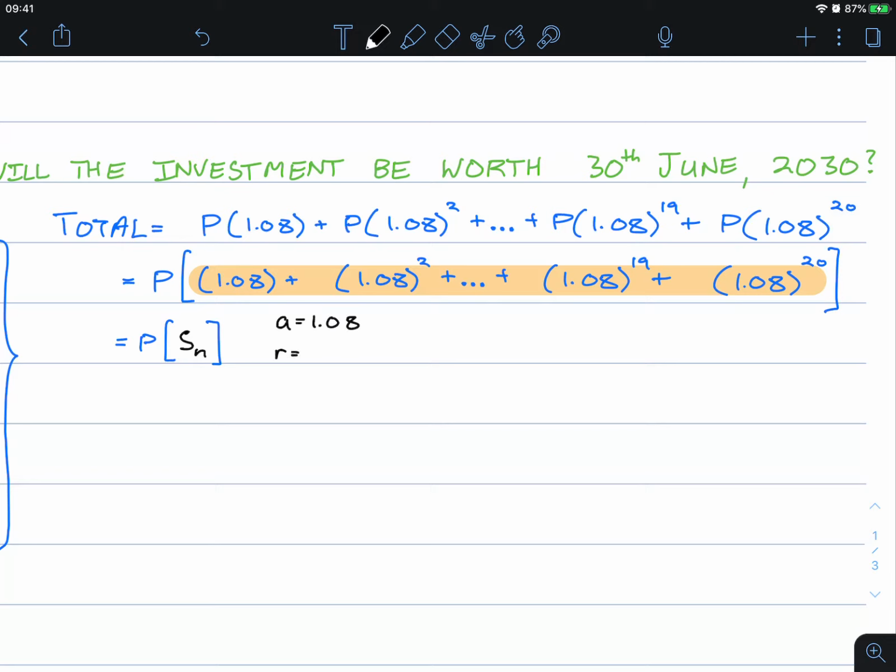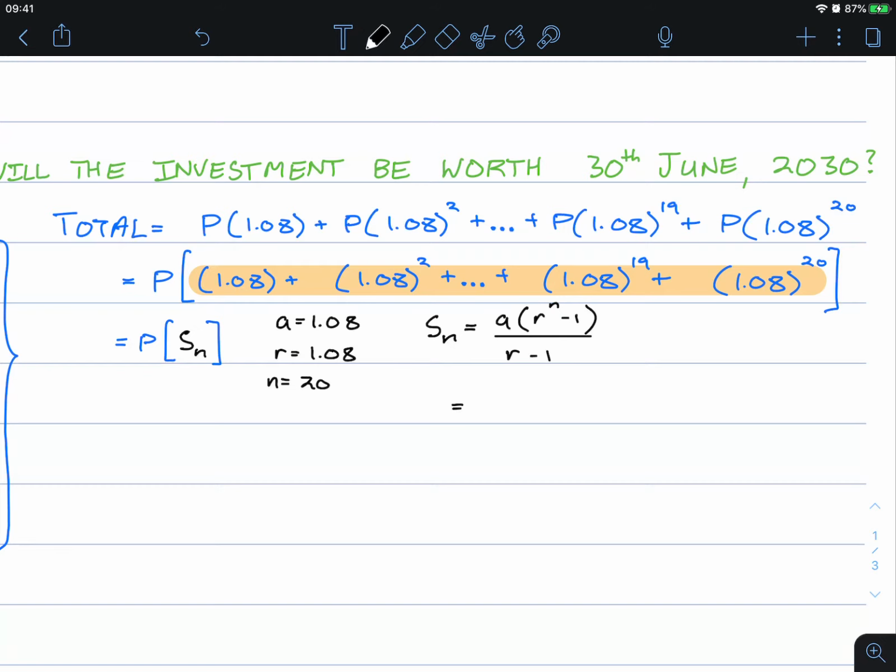The common ratio is any term divided by the previous term, so it's 1.08. And n, there are 20 terms in there, so that's 20. Now I hope you remember your sum of a geometric progression. It's a times r to the power of n minus 1, all over r minus 1.